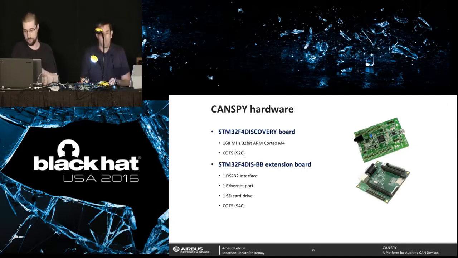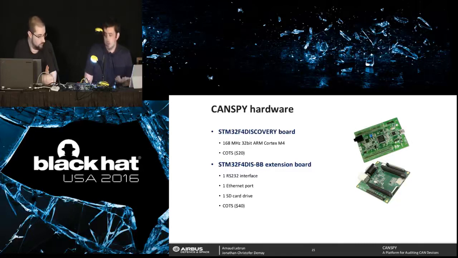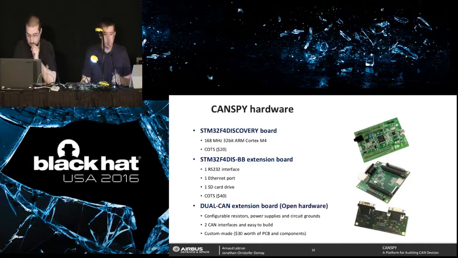Then we have a shield that provides all the connectivity we need. So as Jonathan said, we need serial, we need the Ethernet, an SD card, and also a chip. So less than $40 again, on the same provider. And we did not find any shield for CAN already built. So we have to build it ourselves. So you will have to do some soldering, but really easy. On the shield you have the two connectors for the CAN interface.